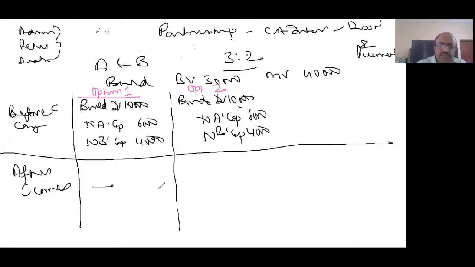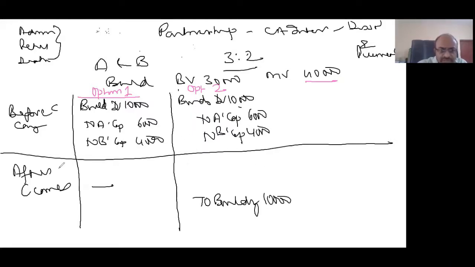But after C comes in, between all of them, they say, no, we will not maintain the building at the market value. We will take it back to book value. Therefore, now C has come in. So now building has to be again restored back to 10,000. That means we debited here, now we are crediting it.